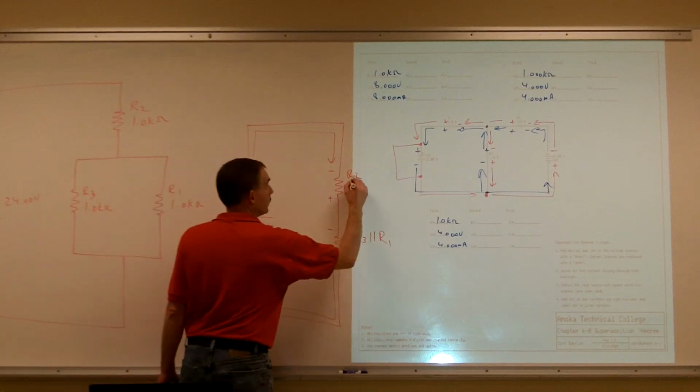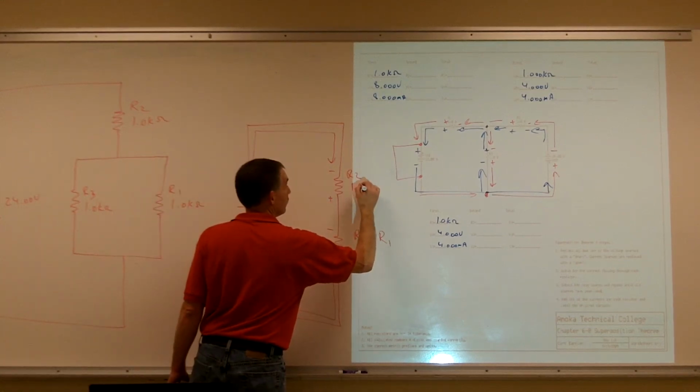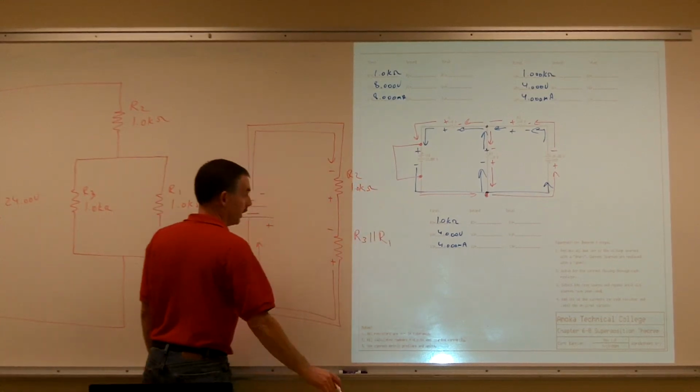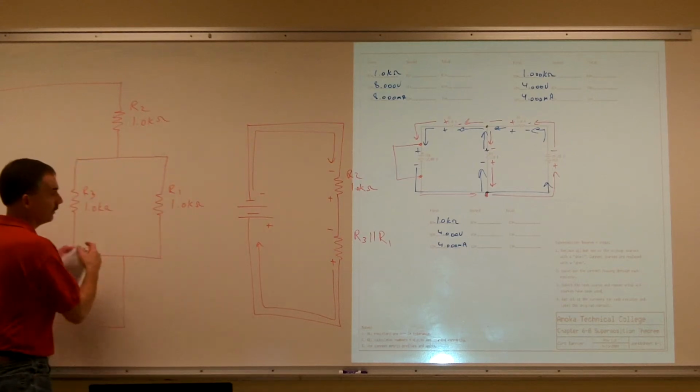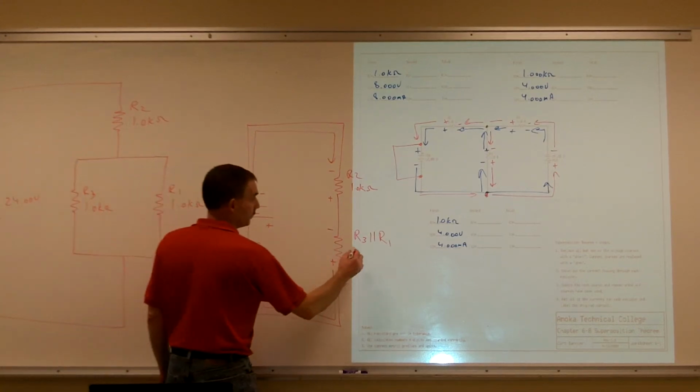R2 doesn't change; that's still 1 kilo ohm. R3 and R1 being in parallel together gives me 500 ohms.